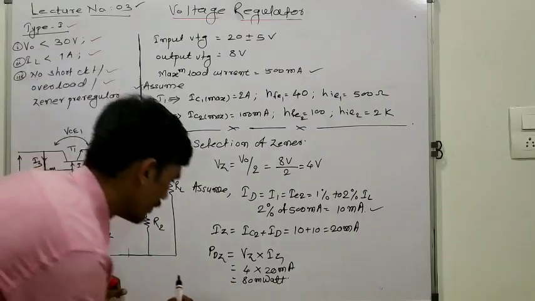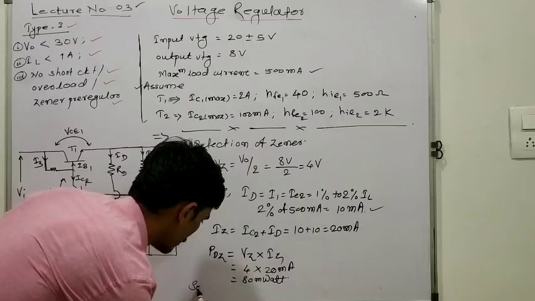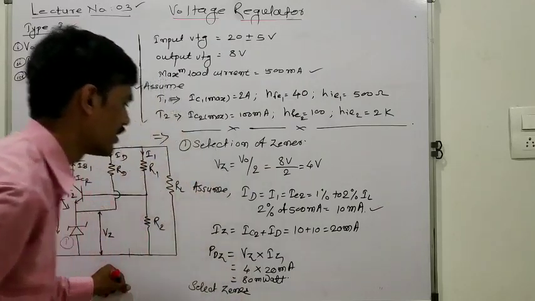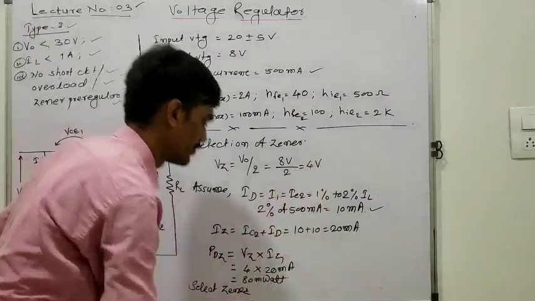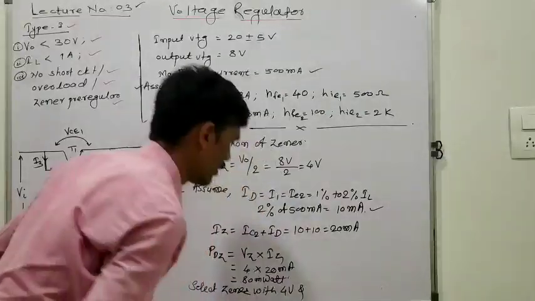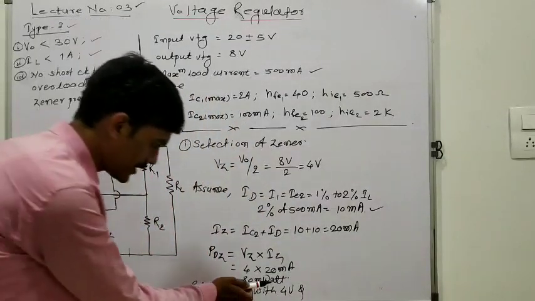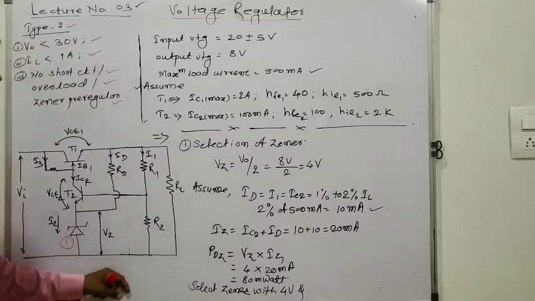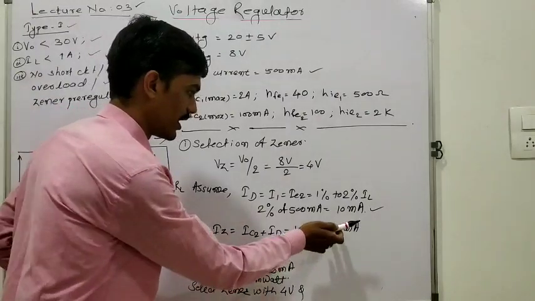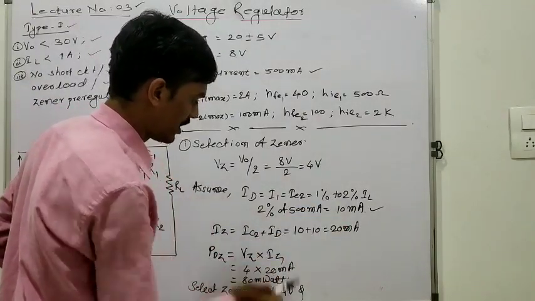So finally, when we are selecting a Zener diode, select a Zener with 4 volt, and what is the power rating? Power rating is 80 milliwatt. While designing, taking into consideration the sustainability of the device, we have to select a component having a power rating greater than this, that is 80 milliwatt.